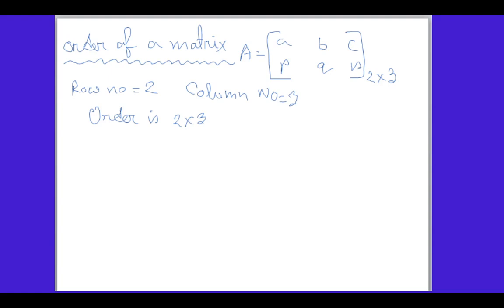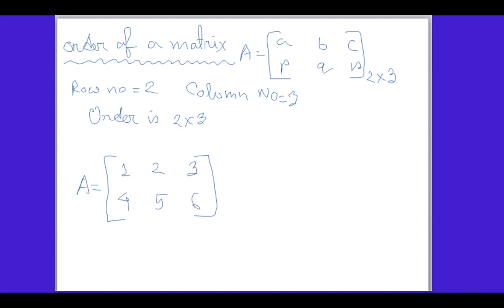In a matrix, every element has a fixed position. Suppose A is a matrix with elements 1, 2, 3, 4, 5, 6.